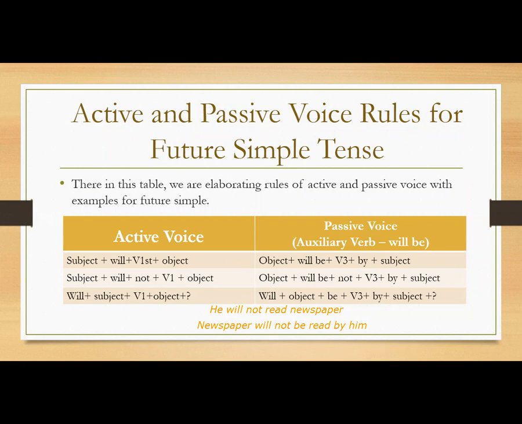How are they skipped? The future continuous and all the perfect continuous are skipped. They are not changed from active to passive. Okay, remember this thing. I will clear this confusion as we move towards that tense.